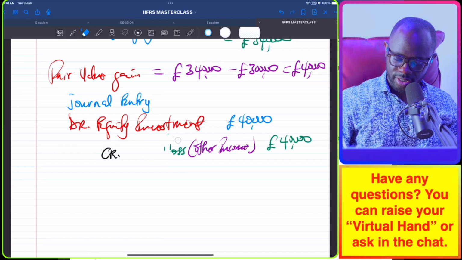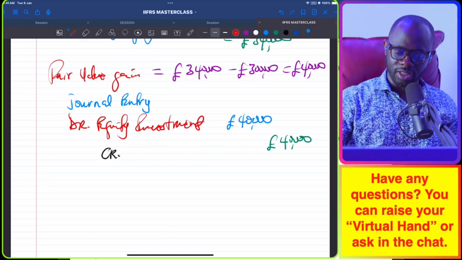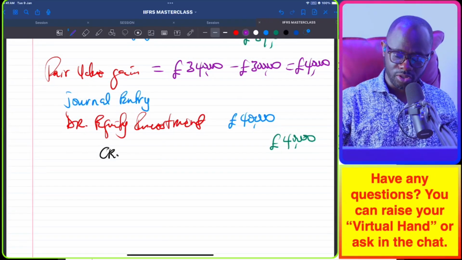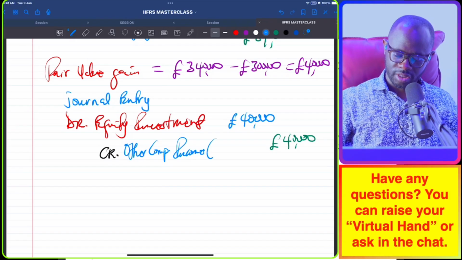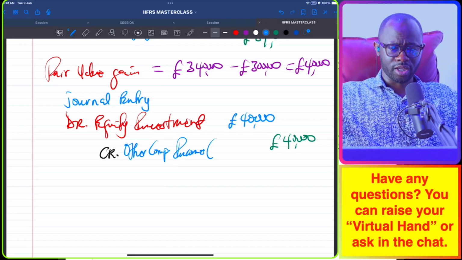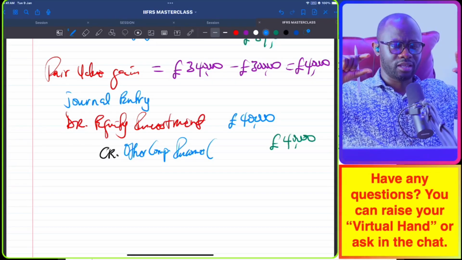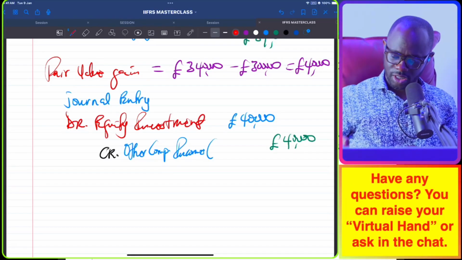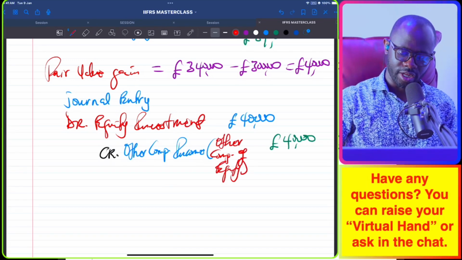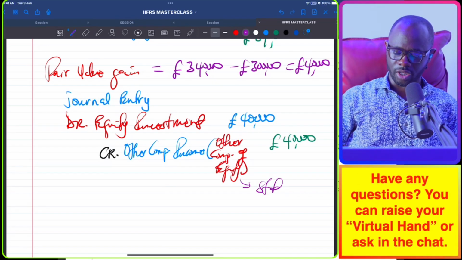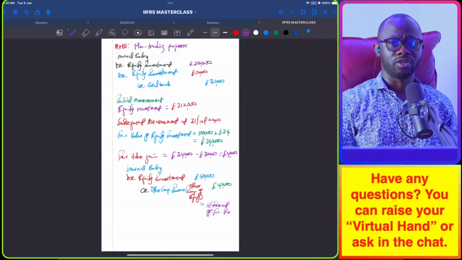We're going to credit other comprehensive income, and then other component of equity on the face of the statement of financial position, because whatever comes in OCI must be reflected under equity. That is what will be going in the statement of financial position. Very simple, straight to the point.